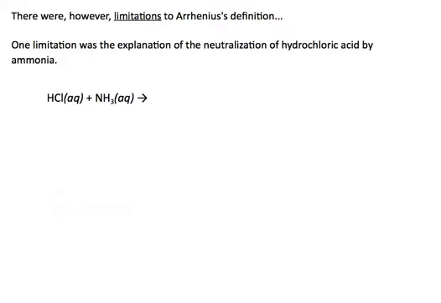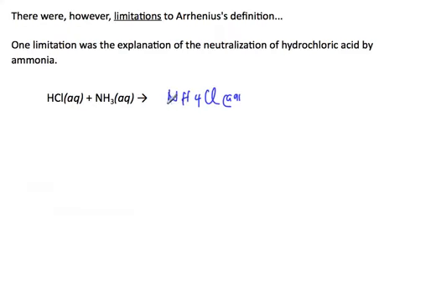There are a couple of limitations, however. The first limitation was trying to explain the neutralization of hydrochloric acid by ammonia. So this reaction actually produces ammonium chloride, aqueous, in solution. And so how does that come about? How does this fit into the Arrhenius theory?